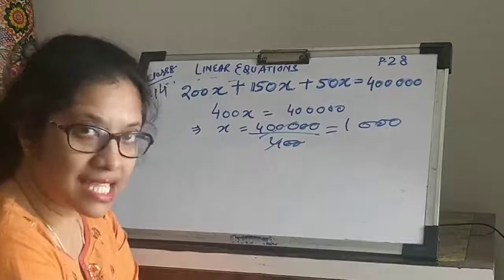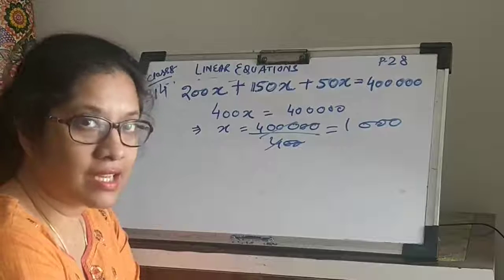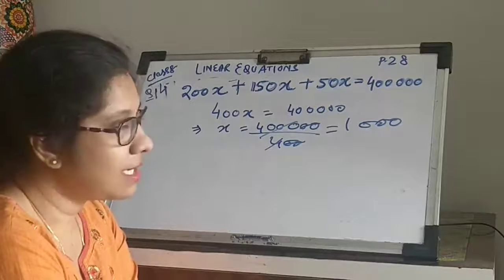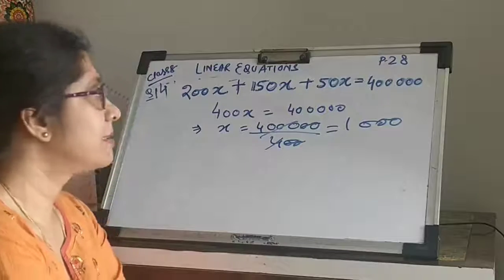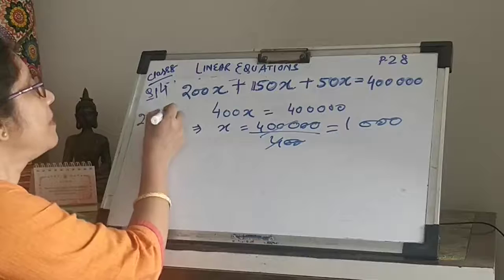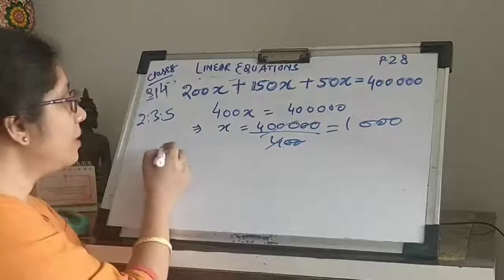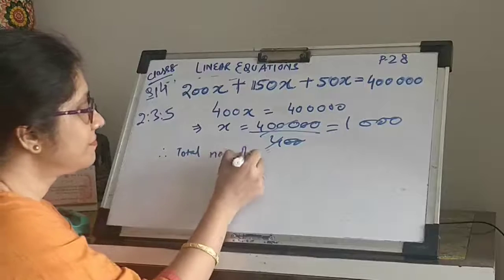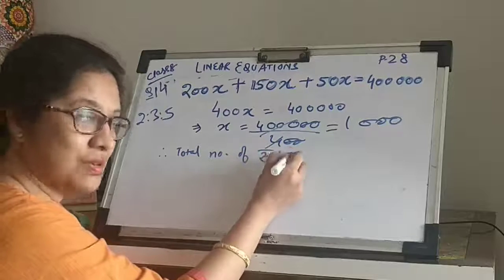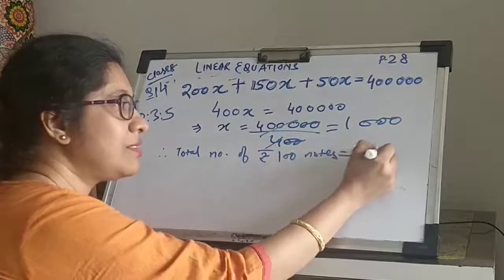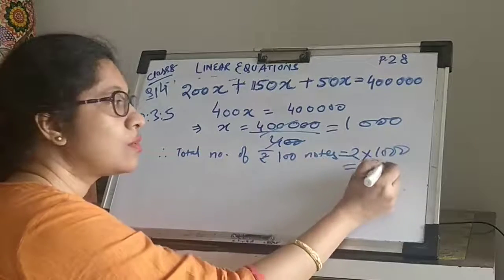So if I have x with me and I know the ratios of the various currency notes, I can simply find their numbers. Because what was it? They were given in 2:3:5, remember? So the total number of rupees 100 notes will be 2 into 1000, which is 2000.